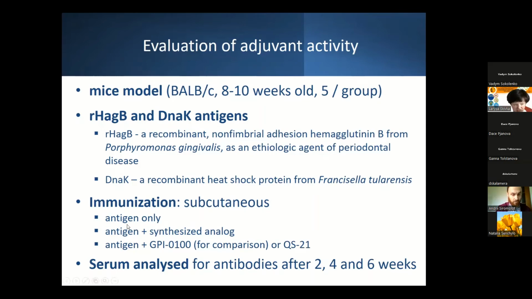One group was immunized with just antigen, another group with antigen plus our synthesized analog, and the third group was immunized with antigen plus the standard compound, which was GPI or QS21. And serum was analyzed for antibodies after 2, 4, and 6 weeks.